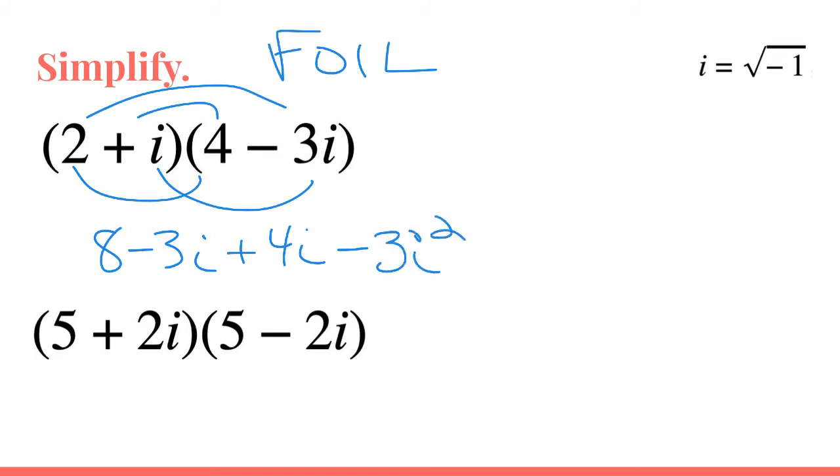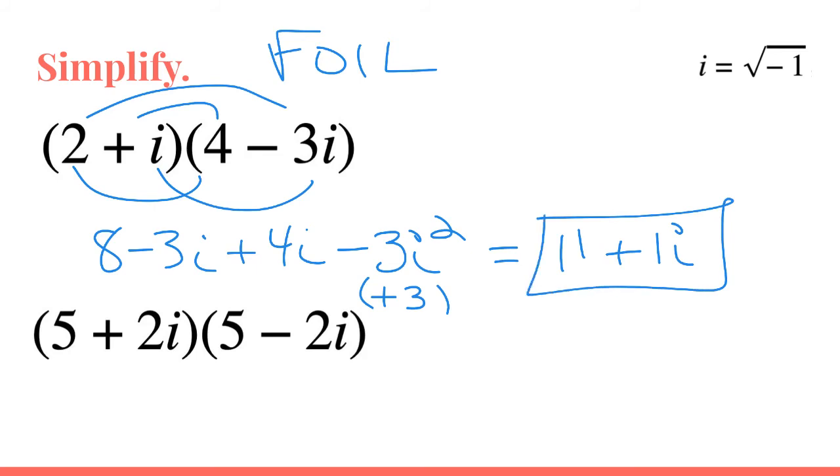So a little alarm should go off in your head that i squared can be replaced with negative 1. So this ends up being positive 3, by the way, when that i squared is replaced with a negative 1. So our final answer would be 11 plus 1i, or just 11 plus i. 8 plus 3 makes the 11, and then 4 and negative 3 makes 1.